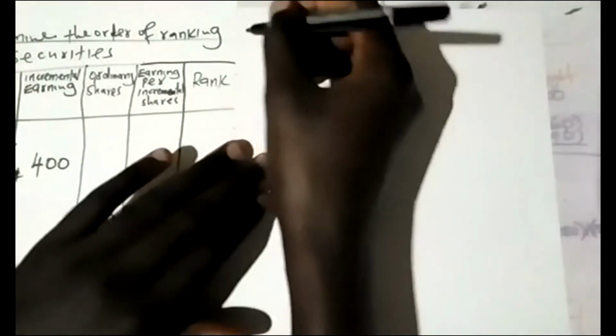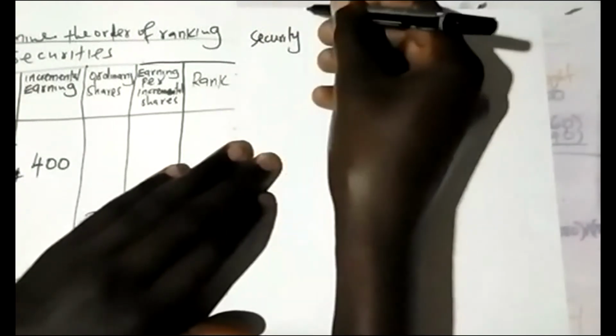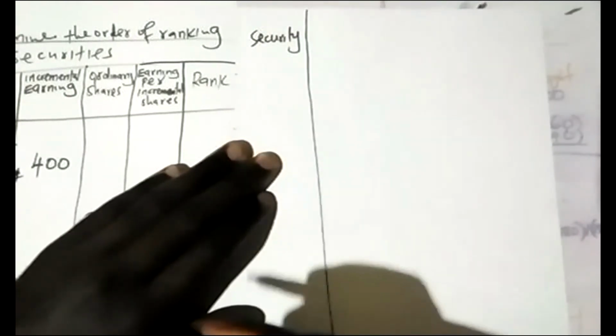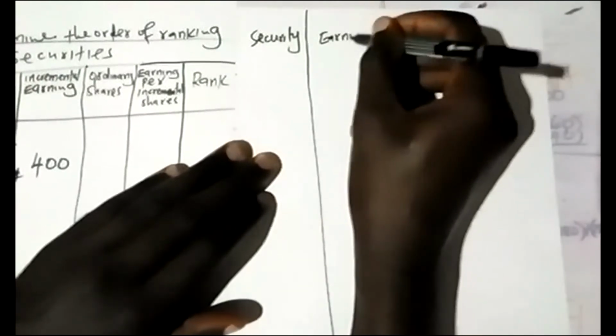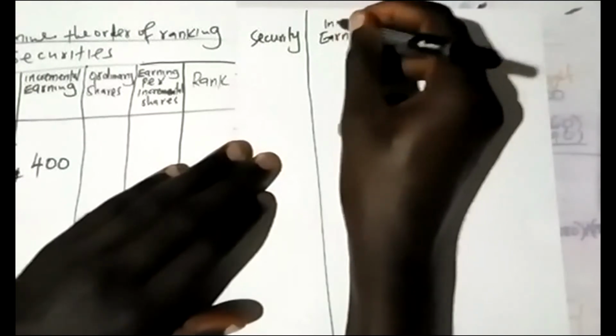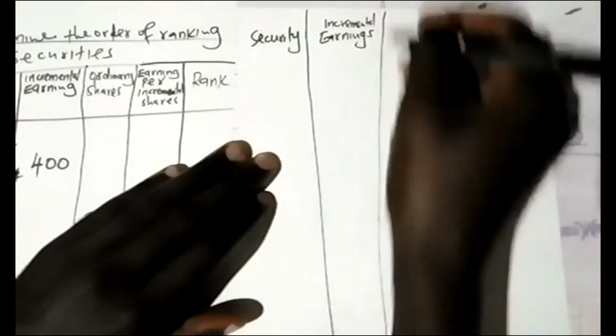So we can continue on the other side here. So let's say security potential, you know that? Yes. Then we have earnings, incremental, and we have incremental shares.